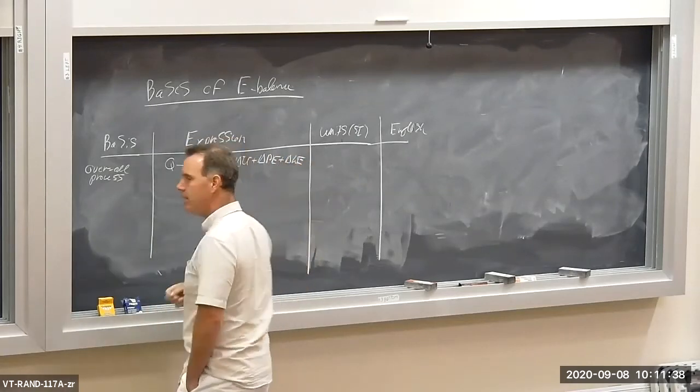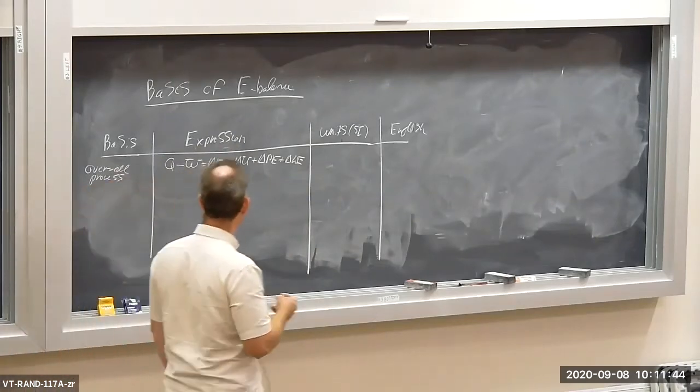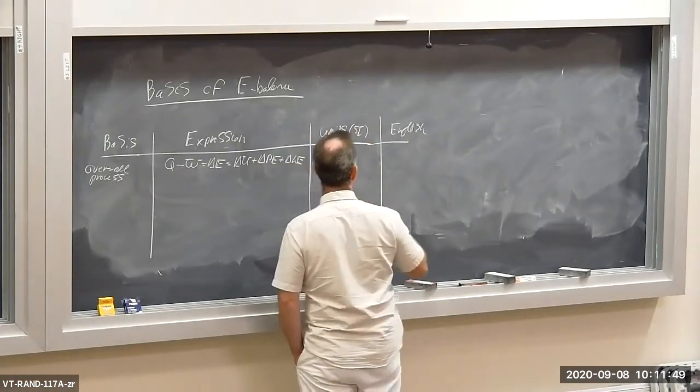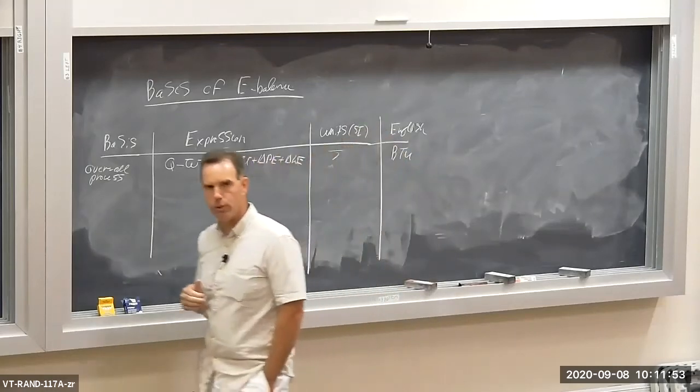Okay, so that's the overall process energy balance. The units of all the terms are energy. So in SI units, it would be joules, and in English units, it would be BTU, British thermal units, all right?